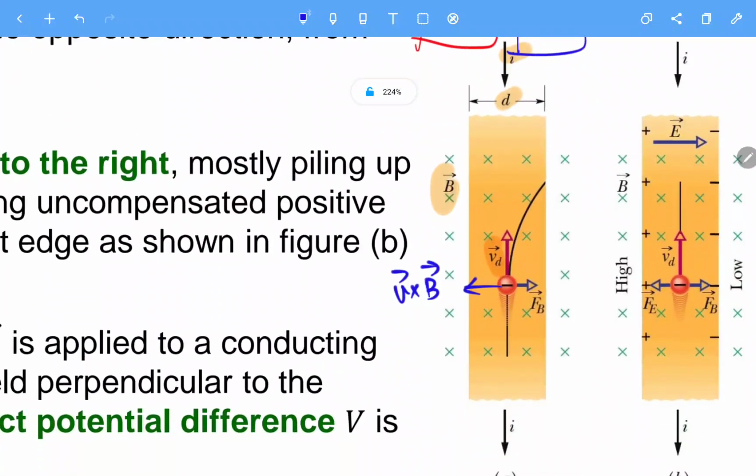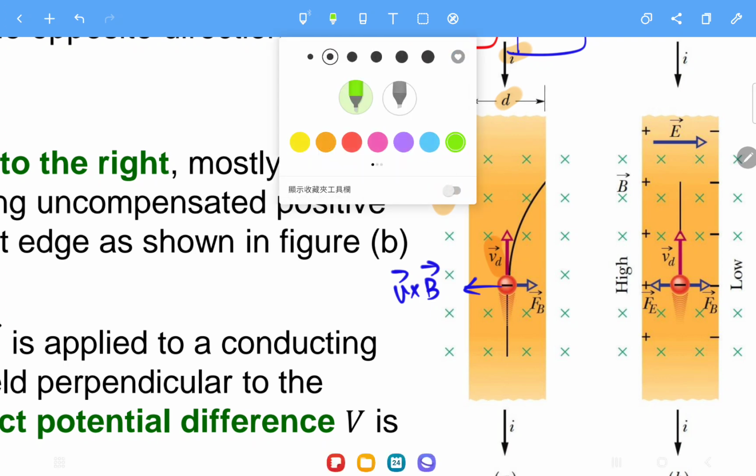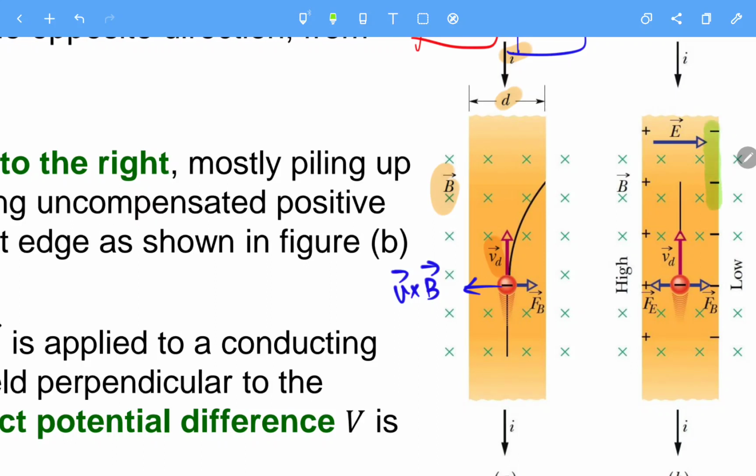With a force pointing to the right acting on the negative charge, negative charge will accumulate on the right surface, and positive charge will accumulate on the left surface.